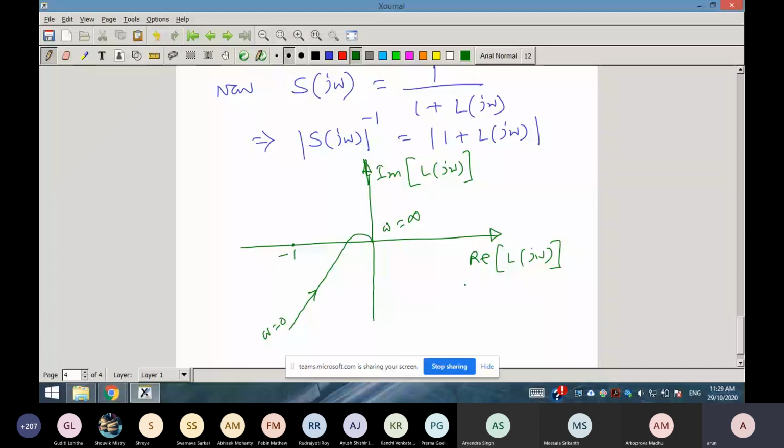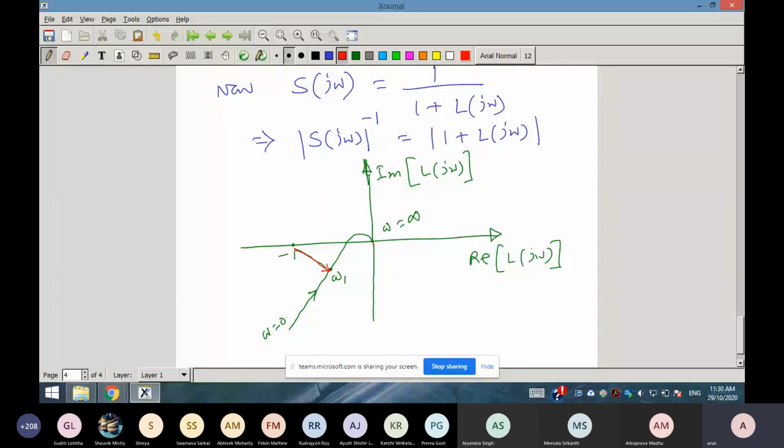Then this distance gives you 1 plus L j omega, because this is 1 and this is L j omega.